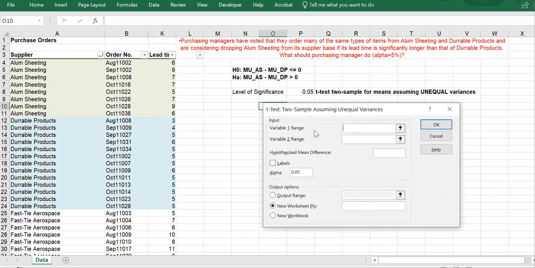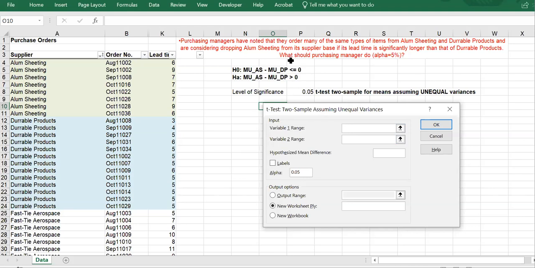For this one, we need to put the variable 1 range. Variable 1 range would be the first sample, whatever the first population, whatever we called it. If it was two-tailed, it doesn't matter which one you put first.